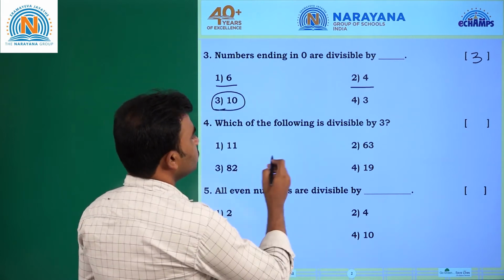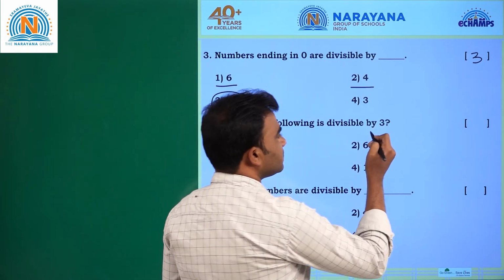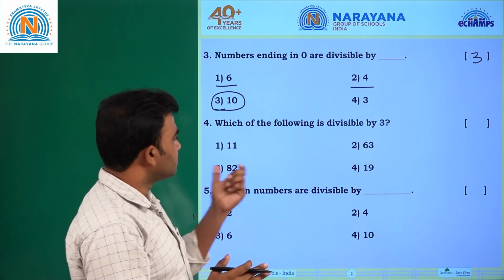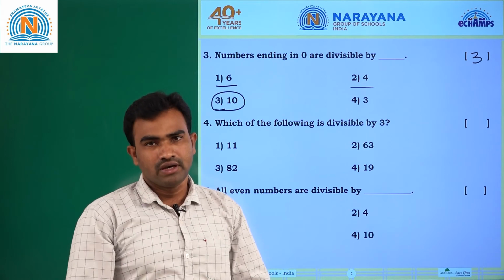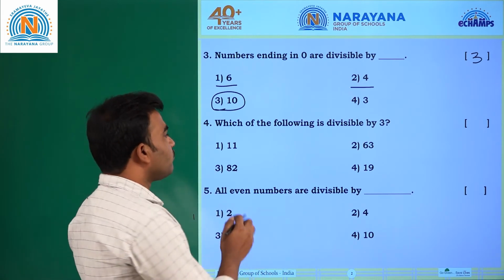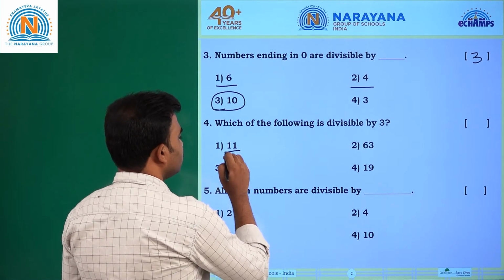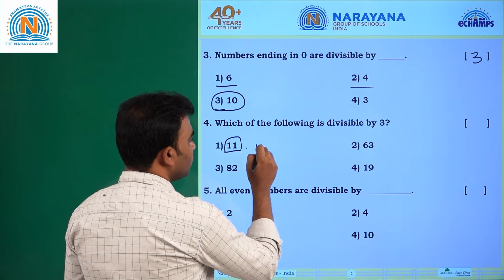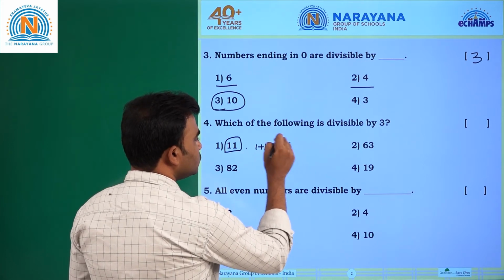Fourth one, which of the following is divisible by 3? See, if a number is divisible by 3, then the sum of the digits of the number should be divisible by 3. Now find the sum of the digits of the given numbers. 1 plus 1 is equal to 2.